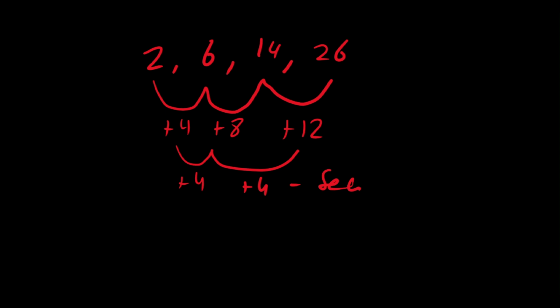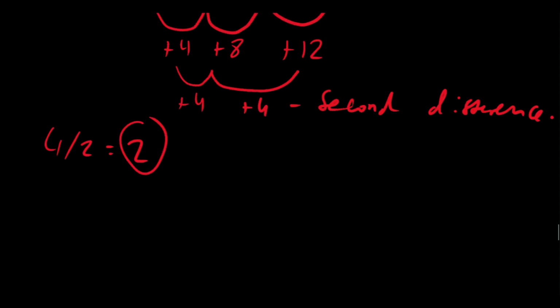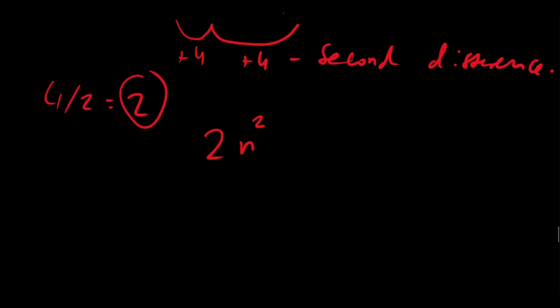That's the second difference. And now, what was step 1? To halve the second difference. So 4 over 2 is equal to 2. So that's half of the second difference. Then we place it as the coefficient of n squared. So this is the equation we have to now write.